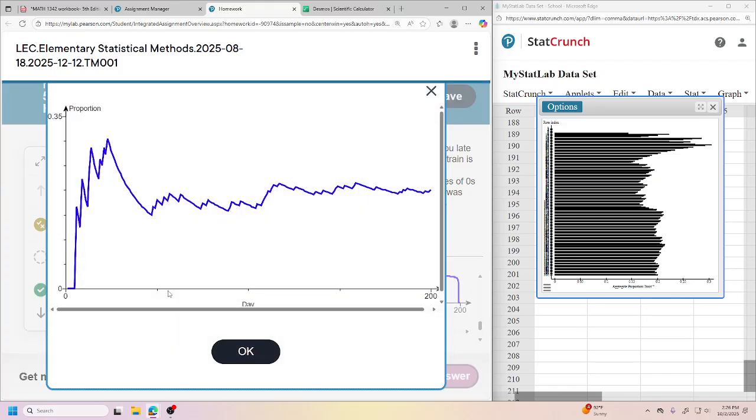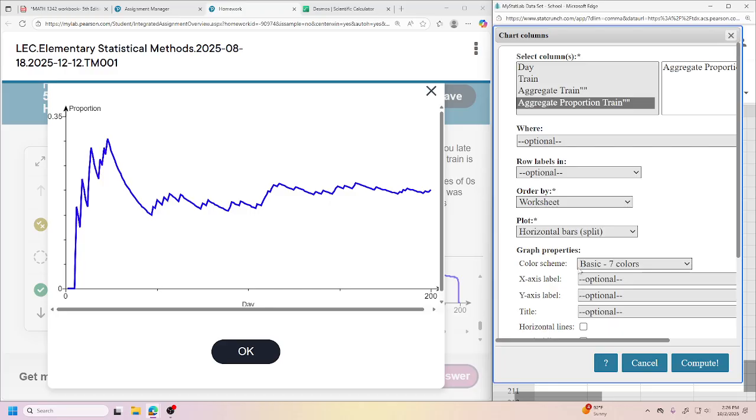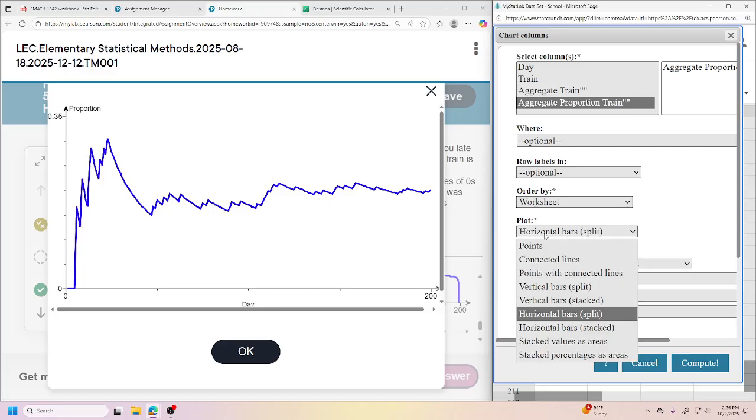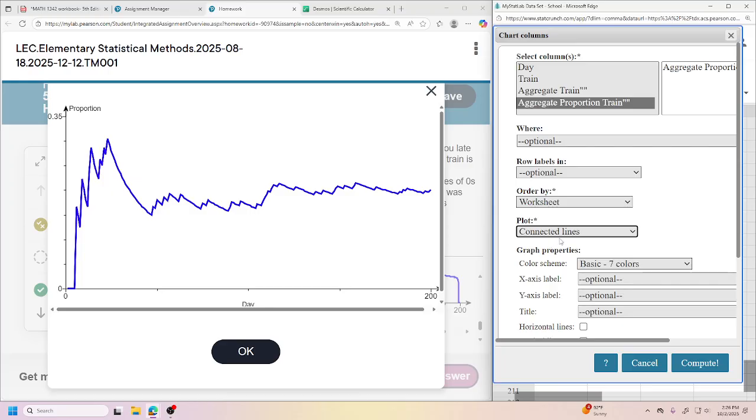Look for that. Oh yeah, see, that's how it's supposed to. And then connected lines. Ah, look at that.